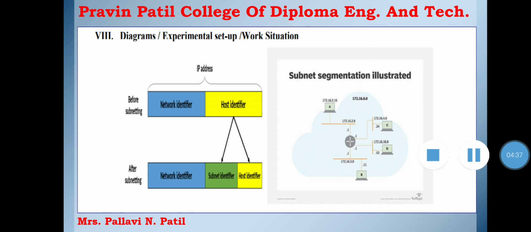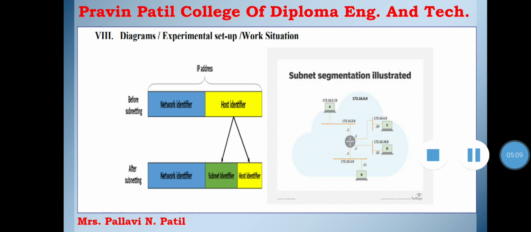Subnet mask is used to divide an IP address into two parts. One part identifies the host, that is a computer, and the other part identifies the network to which it belongs. So what does the subnet mask do? It divides the IP address into two parts: one part identifies the host, that is a computer, and the other part identifies the network to which it belongs.